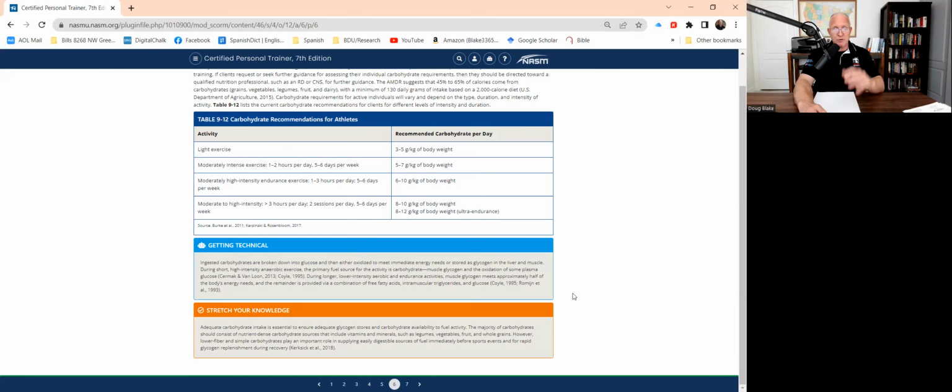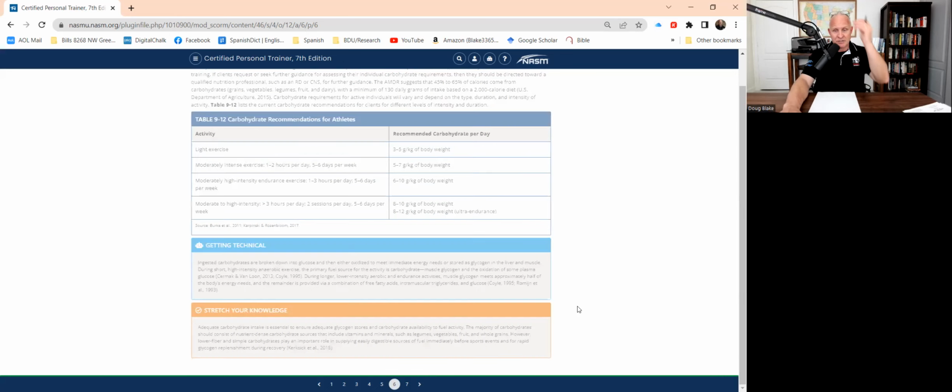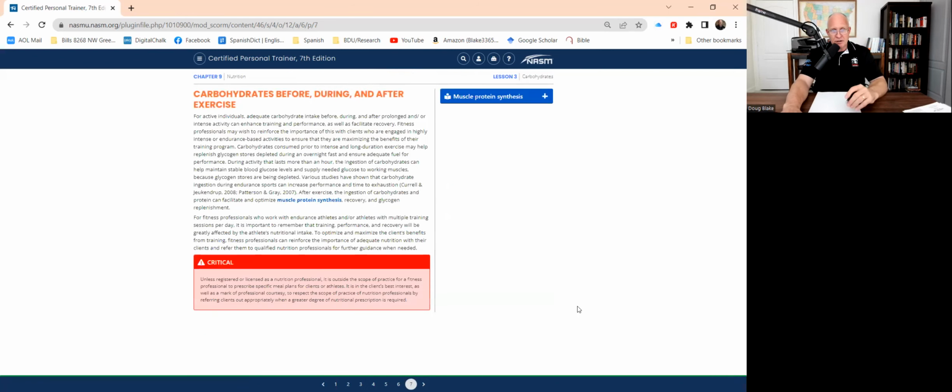And for the most part, if you're going to try to memorize some of this, I would do it from light exercise. I would simply try to do Table 9-12 and rewrite it. Now, if it's me, I find this stuff very interesting, so I'm going to actually try to rewrite the table and memorize it, but it's not critically necessary. Here's something you do have to keep in mind.